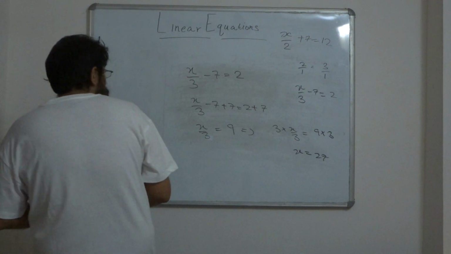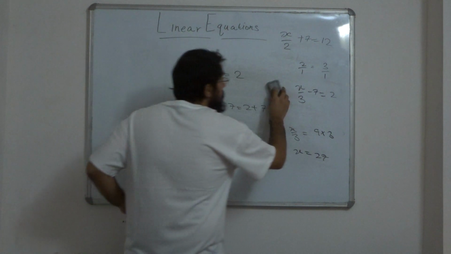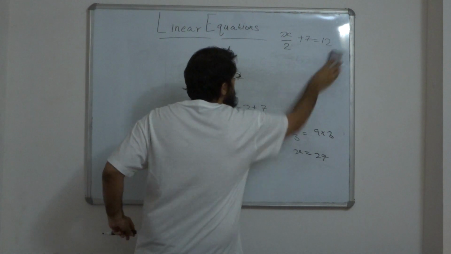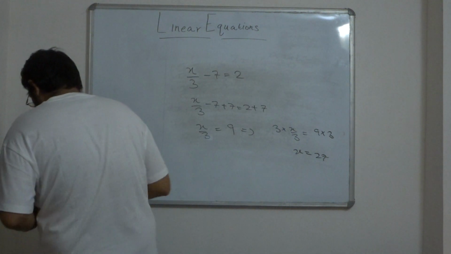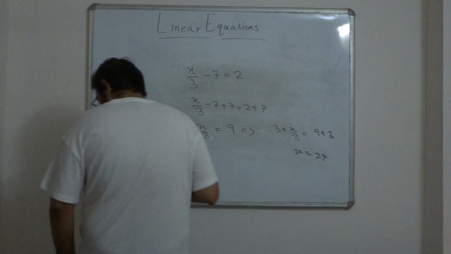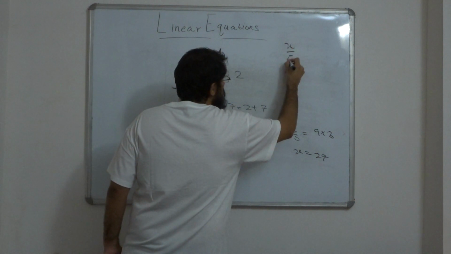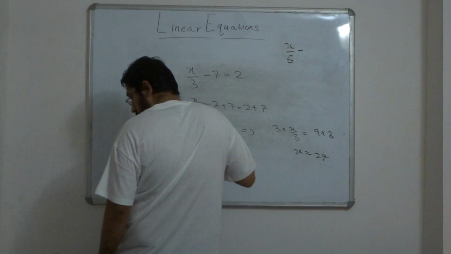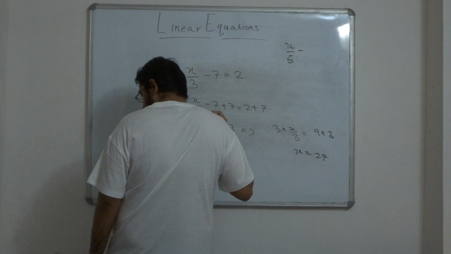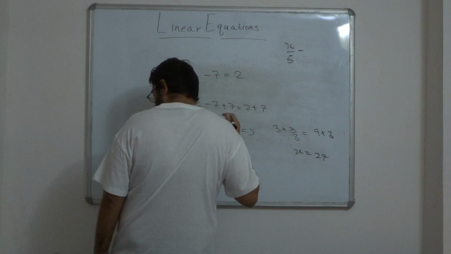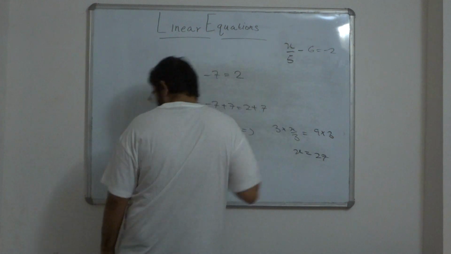Okay. So now guys, I want you to do one more question on your own in this form. x upon 5 minus 6 equals negative 2.